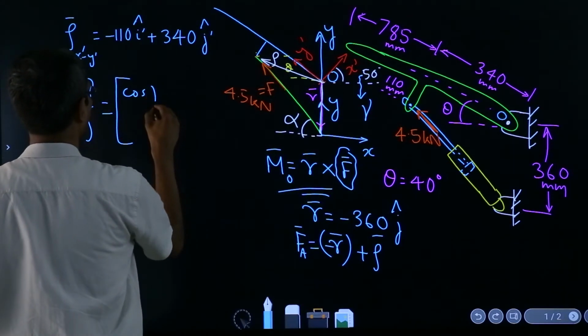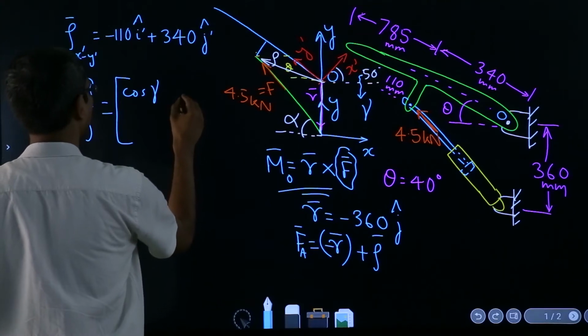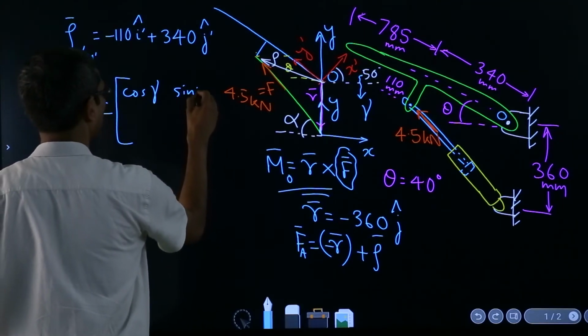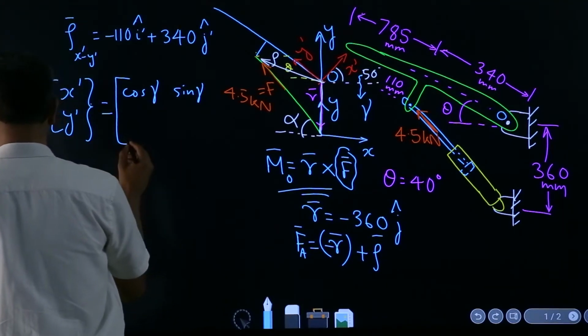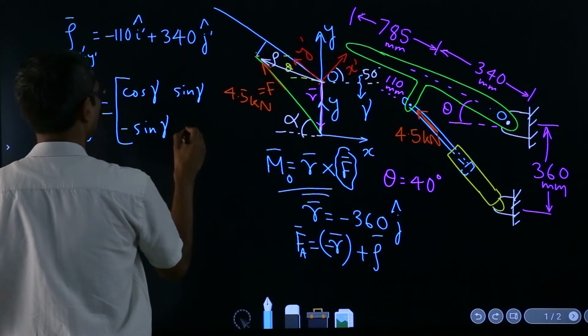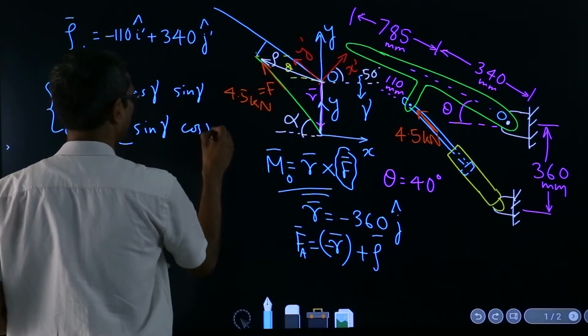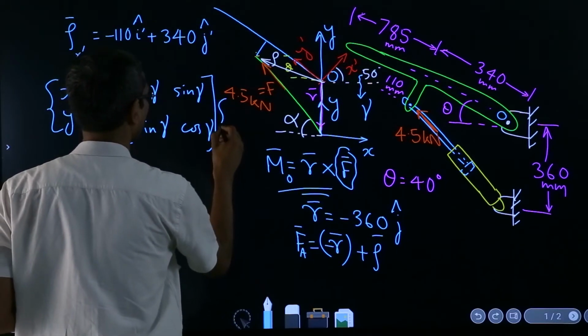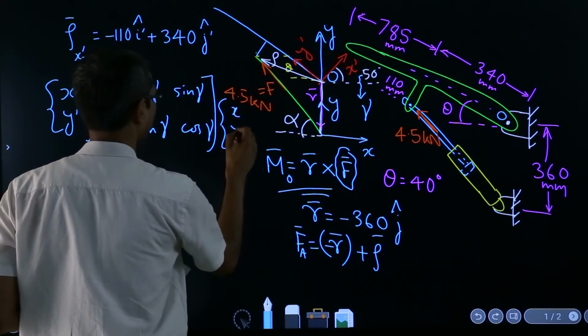Cosine of gamma, then sine of gamma, then minus sine of gamma and cosine of gamma, times x and y.